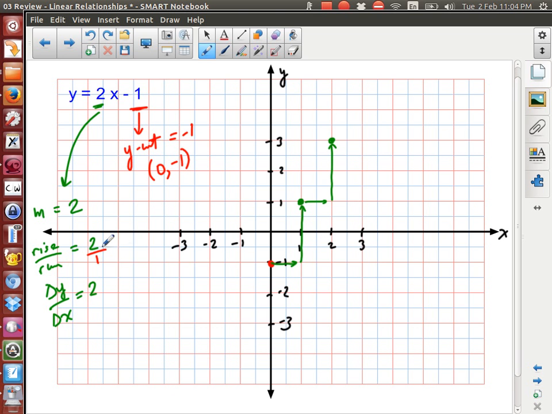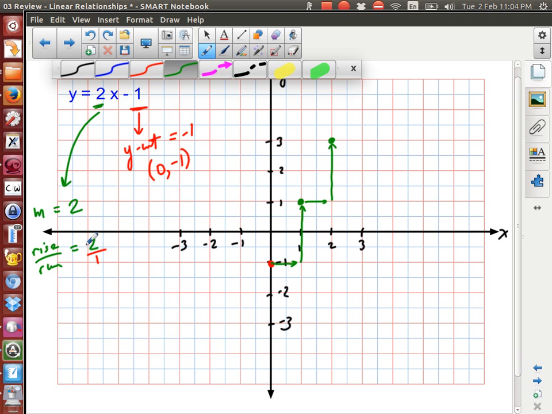It works the other way as well. Another way that you could look at this is that my rise over run is 2 over 1, but that's also the same as -2 over -1. We wouldn't normally represent it this way, but when we think about rise over run, it actually makes some sense.